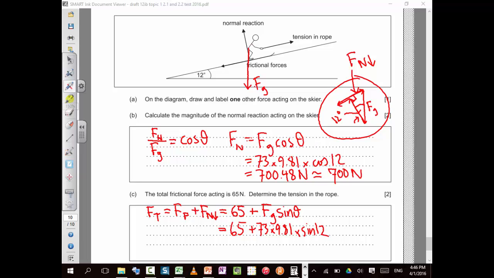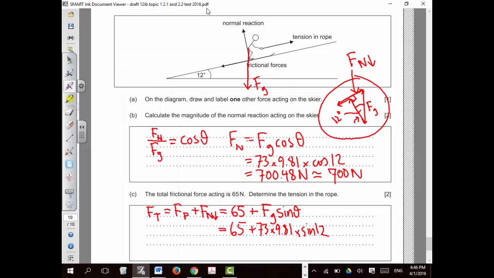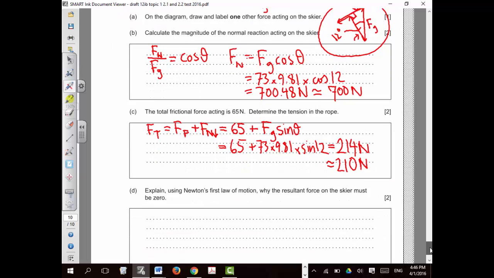So if we go back to our calculator, we get 65 plus 73 times 9.81 times sine 12 equals 214 newtons. Okay, we only really wanted two significant figures, so that's 210 newtons.